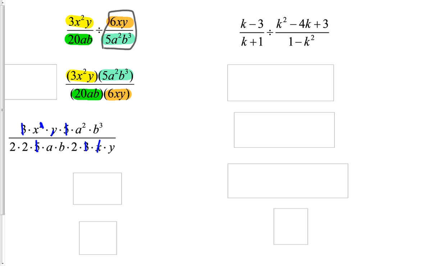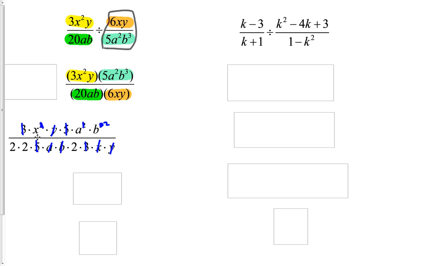We have a y and a y. Cancel each other out. An a and an a squared, so since a squared is 1 power larger than a to the first, we're just going to reduce that to a to the first. B to the third and b, I'm going to drop the power here since this one is 1 larger than the denominator, or take it from a 3 to the second power instead. And it looks like that's all we can cancel.